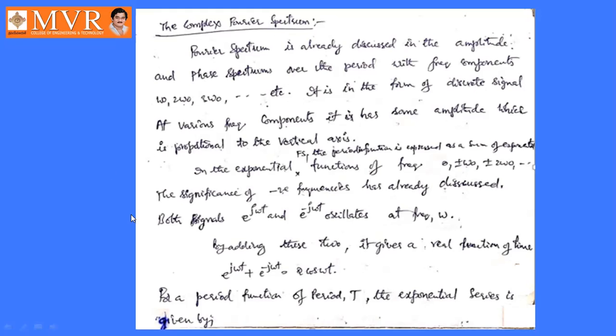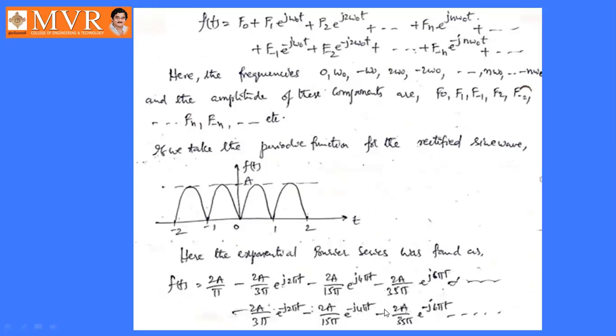So for a periodic function of period T, the exponential Fourier series is given by f of t equal to f naught plus f1 into e power j omega naught t plus f2 into e power j 2 omega naught t plus ... plus fn into e power j n omega naught t plus f minus 1 into e power minus j omega naught t plus f minus 2 into e power minus j 2 omega naught t plus ... plus f minus n into e power minus j n omega naught t, and so on.